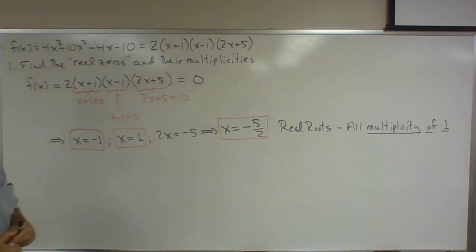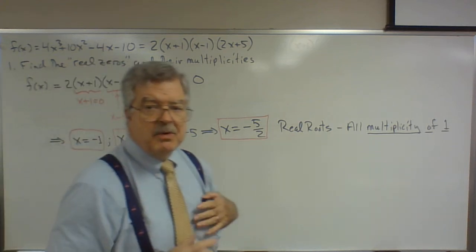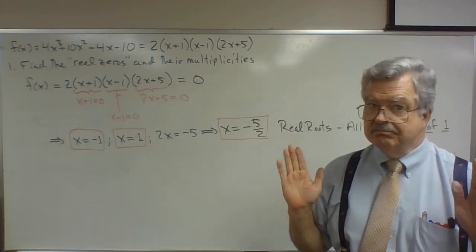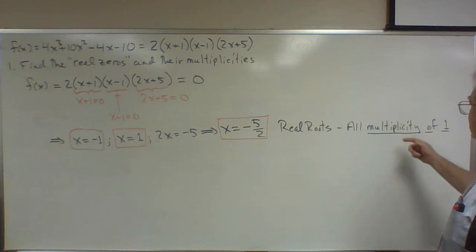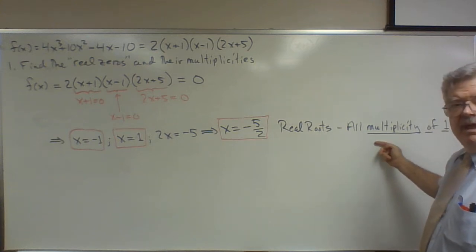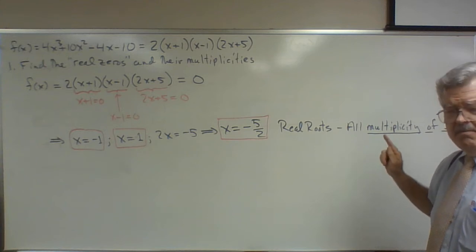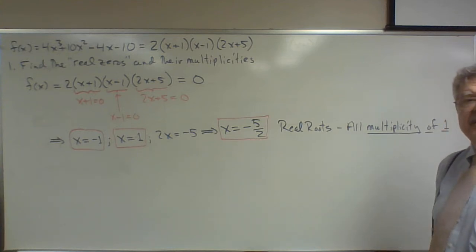They all have multiplicity of 1. And in the next step, when we talk about our intercepts, the multiplicity, in particular, the fact that the multiplicity is an odd number, is going to be important.